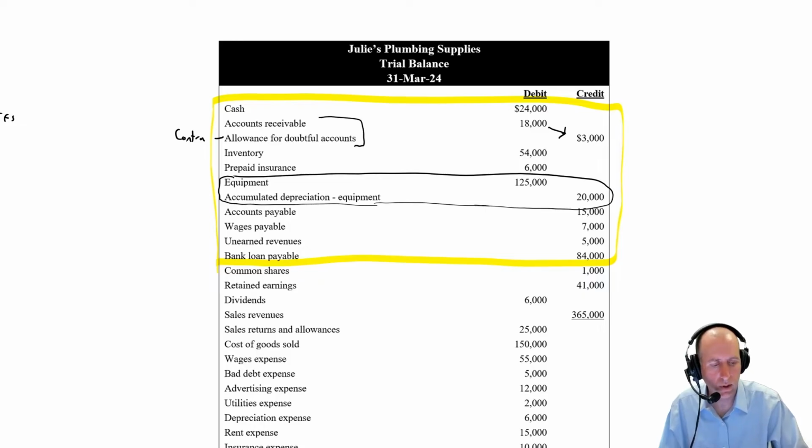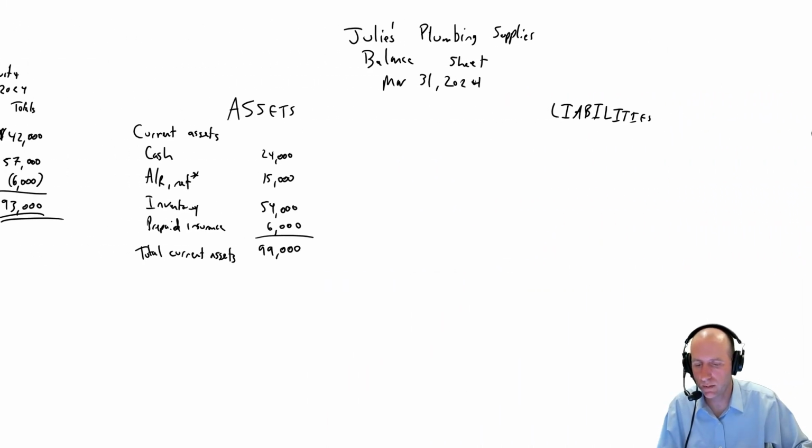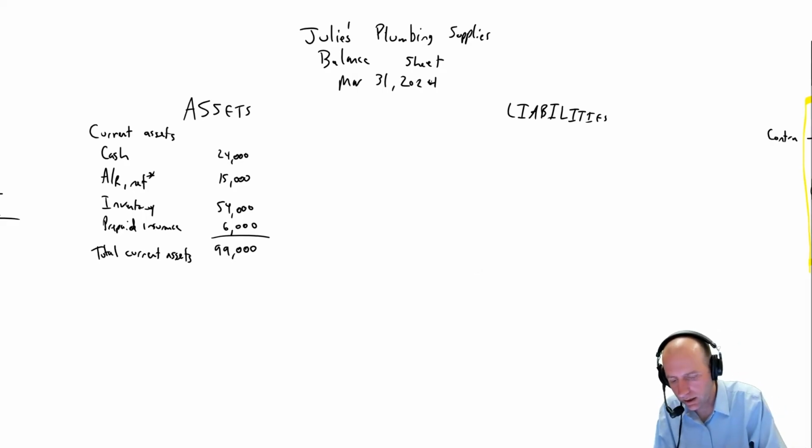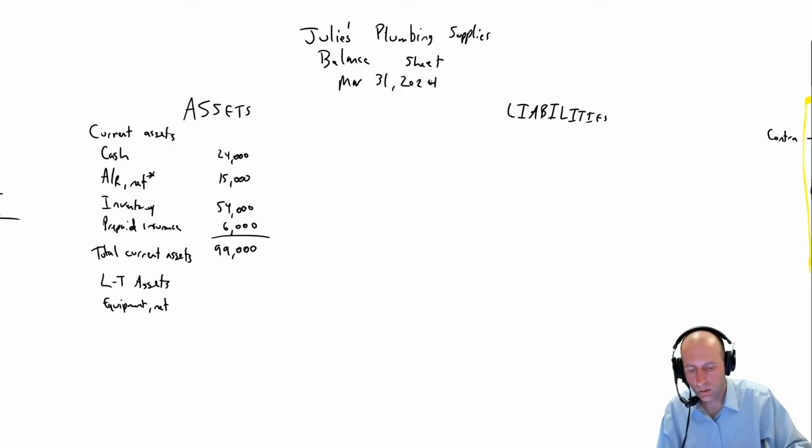I'm going to go 125 minus 20 to get 105, right? Equipment net. So I'm going to have long-term assets, and under there I'll have equipment net. And oh, you know what? I didn't total in the right spot. My total, of course, goes to the left here, 99,000.